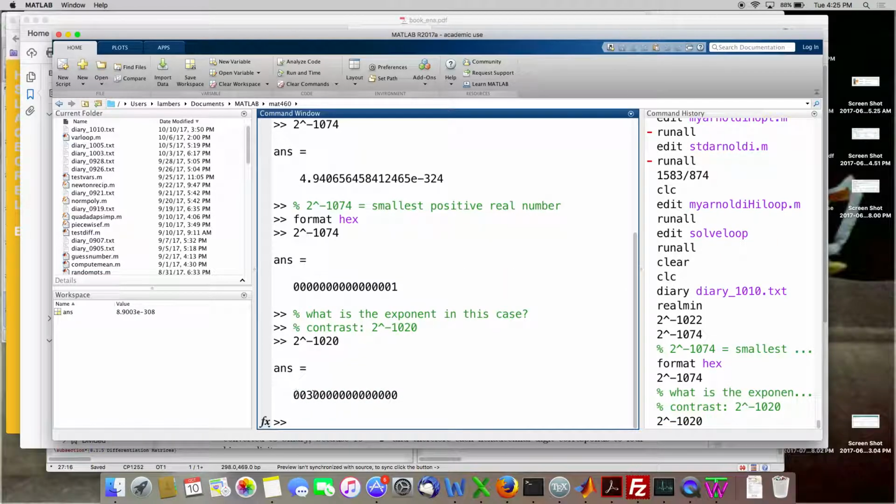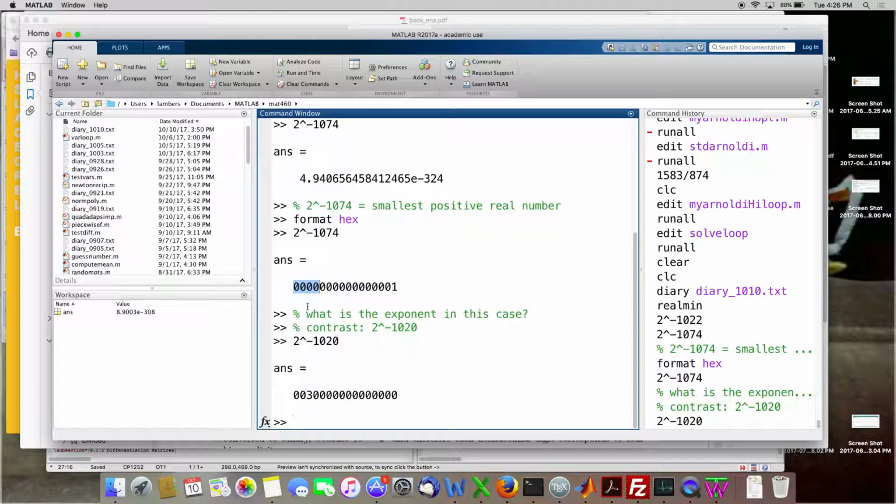So here we have something very different in the exponent. So what is the exponent for this case, as opposed to the exponent really being minus 1020 in this case? Because an exponent like minus 1074 cannot come about from the range of exponents that are stored in these 11 bits.